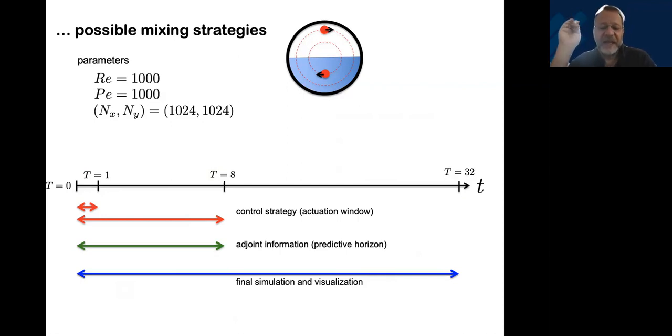The optimization in all cases that I show you goes over 8 time units. So we're going to solve the forward problem and the adjoint problem over 8 time units. So the optimization knows exactly what goes on in the flow over 8 units. But then I'm giving you 2 control strategies.